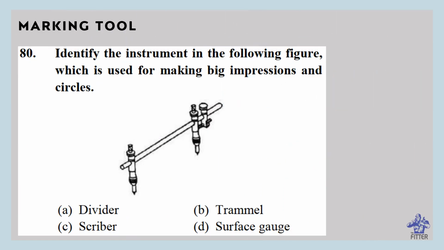Identify the instrument in the following. We know that is trammel. Trammel has a 15 to 50 centimeter long round or flat rod known as beam or trammel bar. This is the trammel bar.